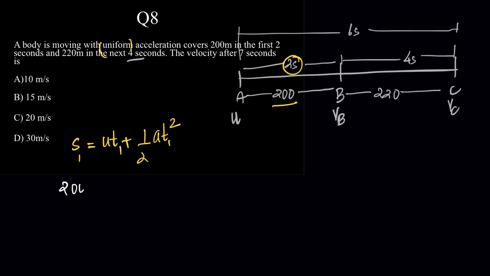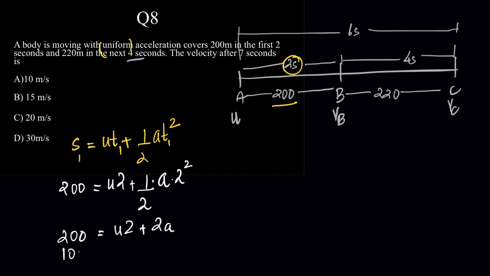S1 is 200, is equal to, do we know the initial velocity? No, we don't, so let us term that as u. The time is given as 2, plus half into the acceleration, which we don't know, a, into time is 2, so t square is 2 square, which means 200 is equal to 2u plus 2 square is 4, 4 by 2 is 2, so you get 2a. If you divide the whole equation by 2, you get 100 is equal to u plus a, which we shall mark as the first equation.